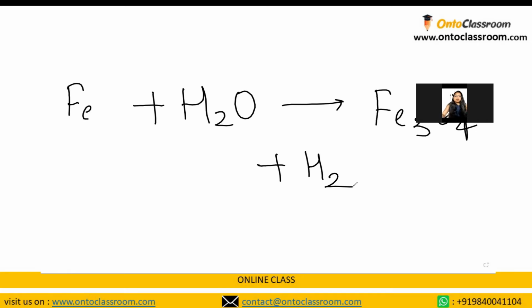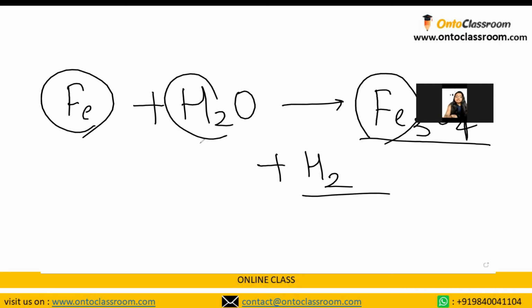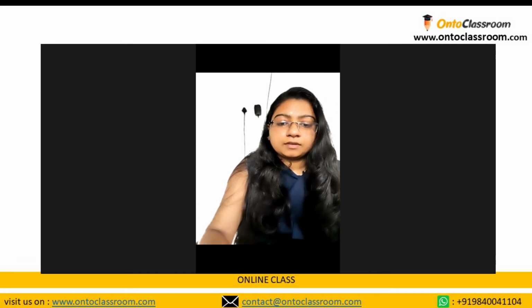Okay, now here you can see a new compound is formed, a new gas is formed. But all the elements remain the same. You find iron here, you find iron here. You find hydrogen here, you find hydrogen here. You find oxygen here, you find oxygen here. Got it? Okay.